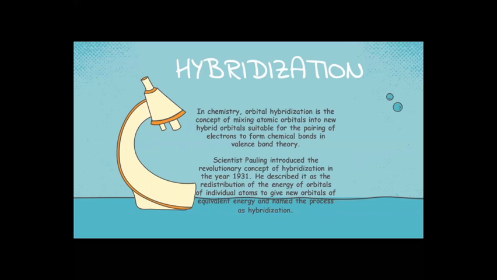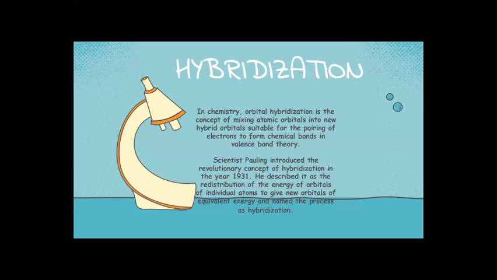What is hybridization in easy words? It's the intermixing of atomic orbitals of the same or nearly the same energy. What is same energy and what is nearly same energy? Same energy: if the shells are arranged in the same energy level, then it's called the same energy level. But before hybridization takes place, the orbitals are not placed in the same energy level, as there are different quantum numbers and different orbital numbers.